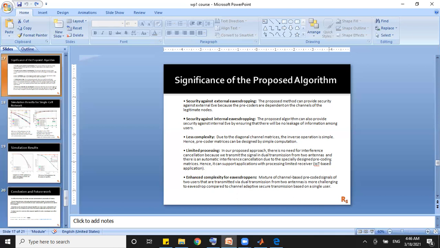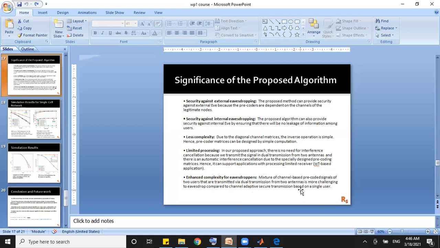Due to simple computation and dual transmission from two antennas at both the base stations, there is automatic interference cancellation. Due to the specially designed precoder matrices, it can also support applications with limited processing, such as IoT-based applications.